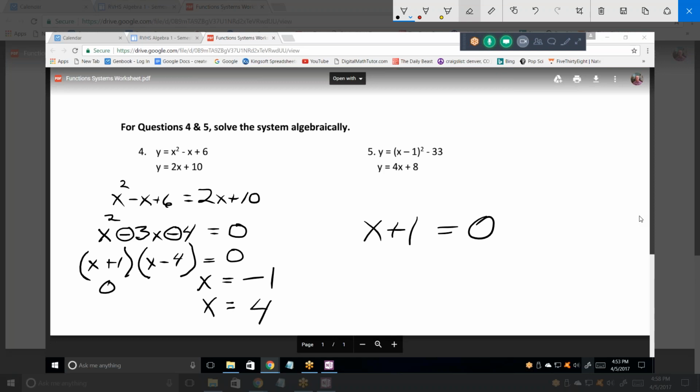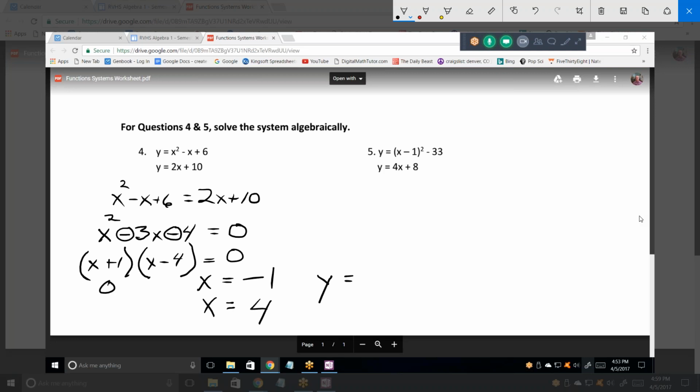Now, for each of those x's, we have to come up with a y. So, what is y when x is minus 1? Which equation are you going to stick it in for? First one or the second one? The first one.